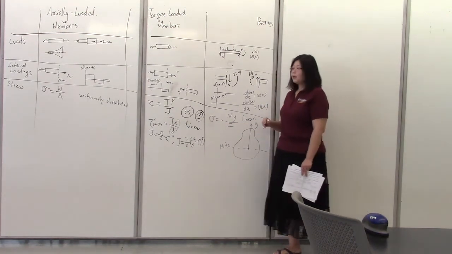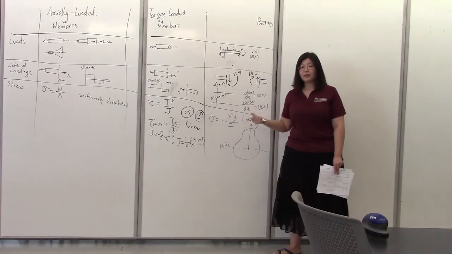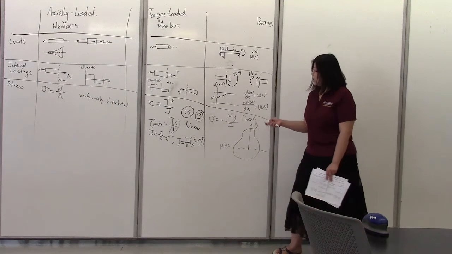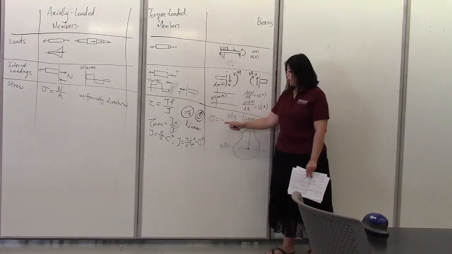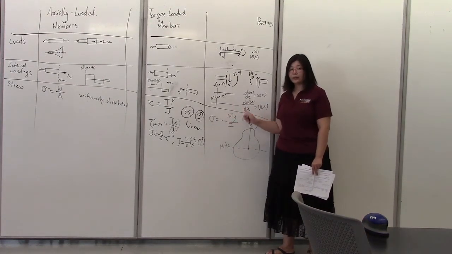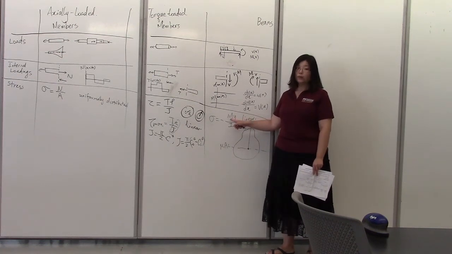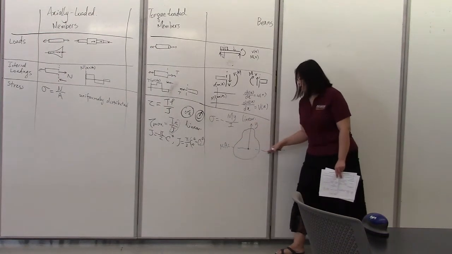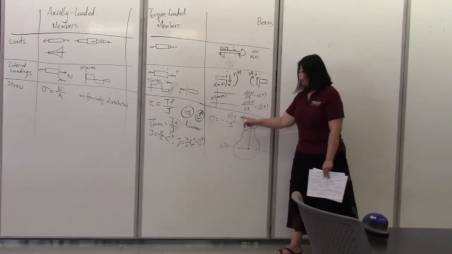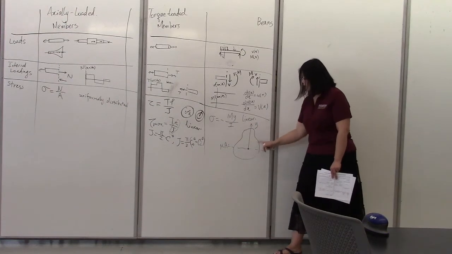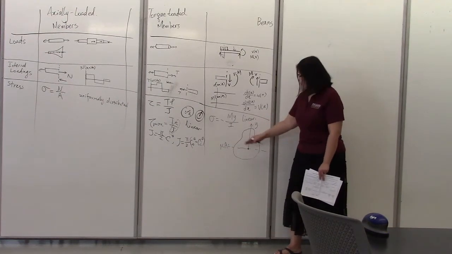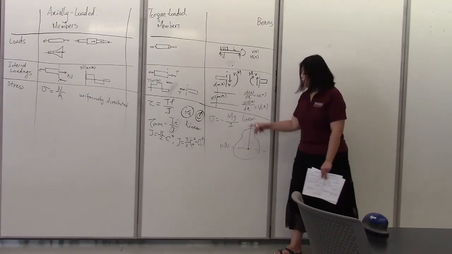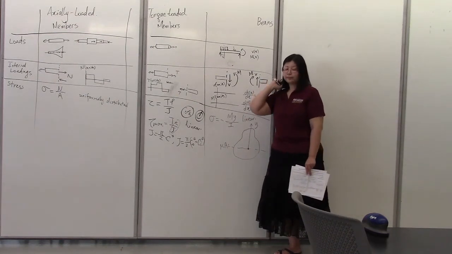That would tell us if the fiber or any specific point on a cross-section is in tension or in compression. So the sign of sigma depends on the negative sign of the formula itself, the sign of M, which could be positive or negative, and the sign of y. Any points above the neutral axis would have a positive y, because this is how y is defined, and any points on the cross-section below the neutral axis would have a negative y coordinate.